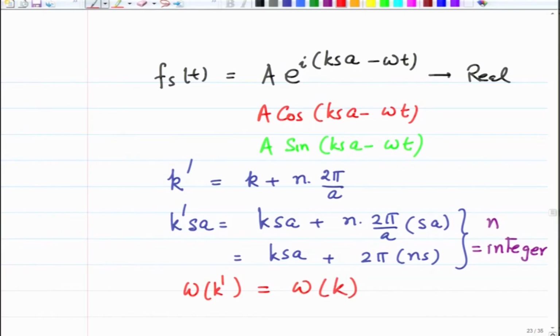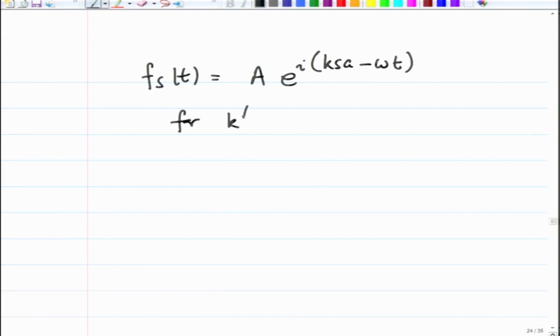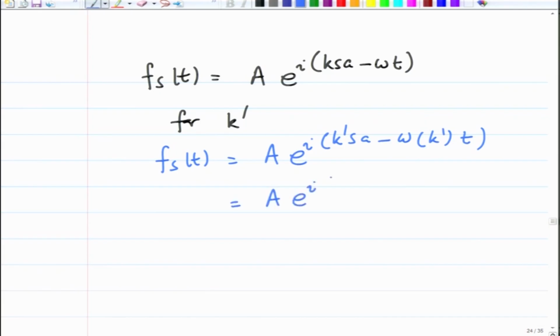Therefore, the displacement f s t, for k prime, is f s t equal to a e raised to I k prime s a minus omega k prime t, which equals a e raised to I k s a minus omega t times e raised to I 2 pi n s.